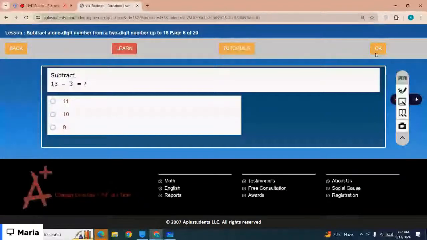So which is the correct option? That is 10.